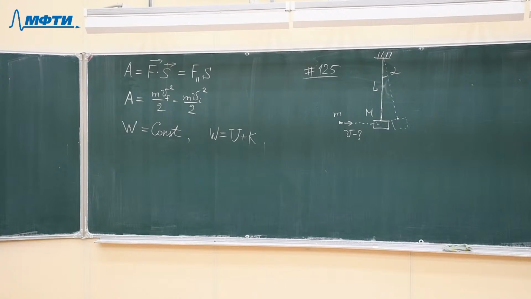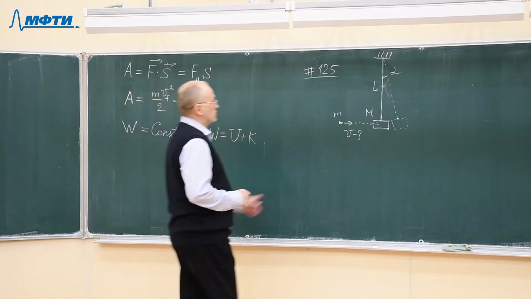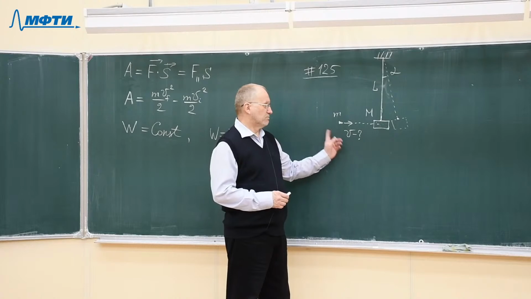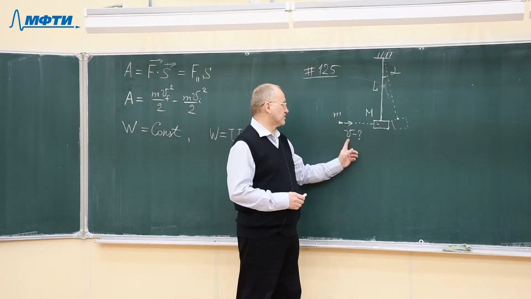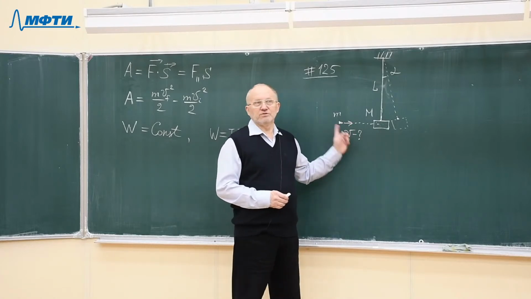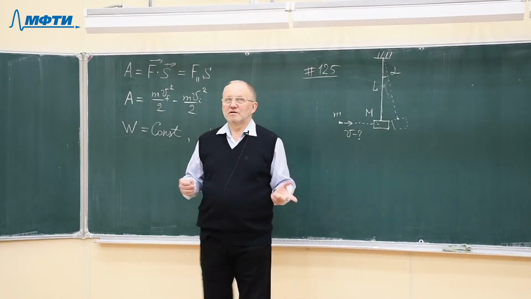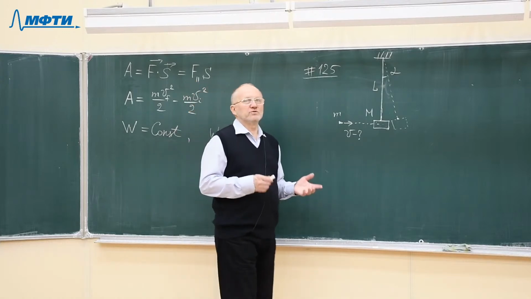This is a real experiment which is often carried out in order to measure the velocity of a bullet. It's one of the simplest ways to measure the velocity of a bullet. If you invent some new type of gun, then the first thing you measure is the velocity of the bullet.